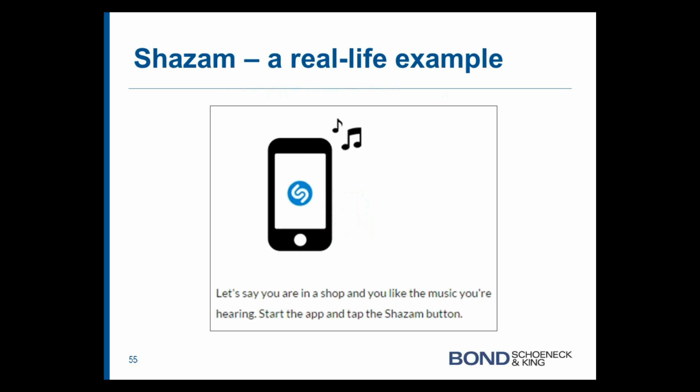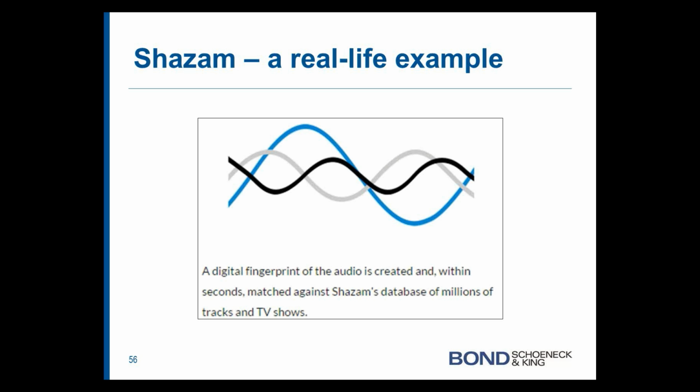So let's say you're in a store and you hear music from an artist that you thought you knew, but you just can't remember the name of the song. So you start the app by just tapping on the app, and what happens is a digital fingerprint of the audio is captured.